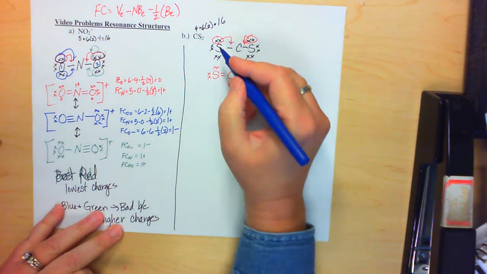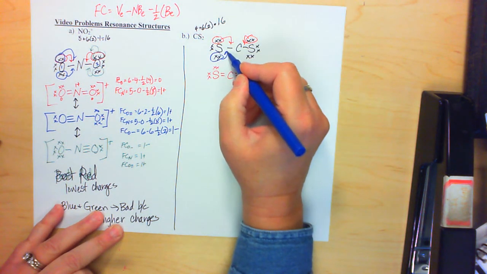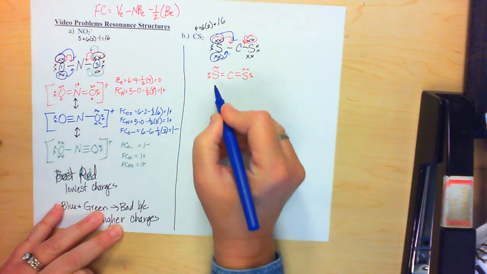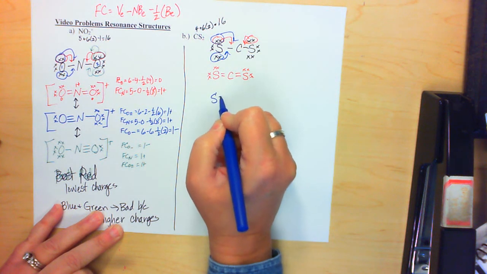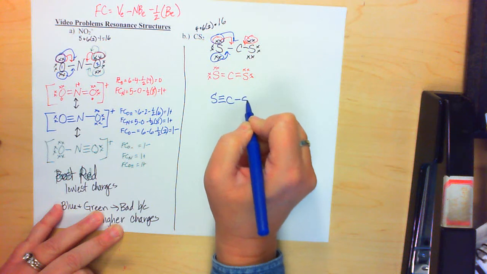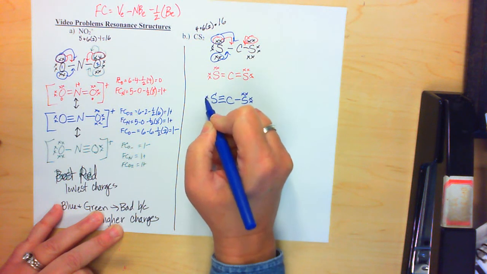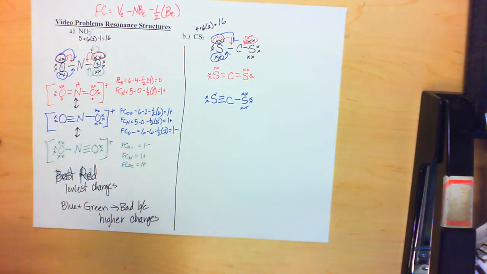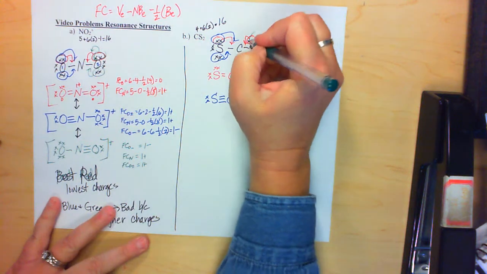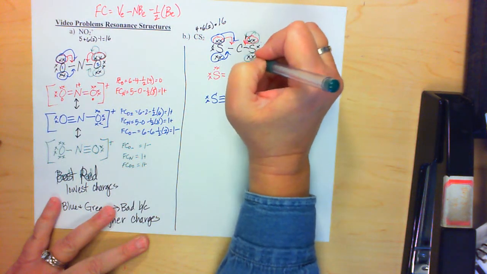There's no charge overall. So here I can take the lone pairs from the same sulfur. So I'll have a sulfur, triple bond, carbon, single bond. Again, I've got to complete the octets of everything else. And then the last one would be to differentiate the 2 sulfurs.